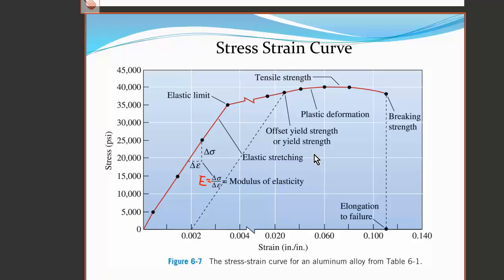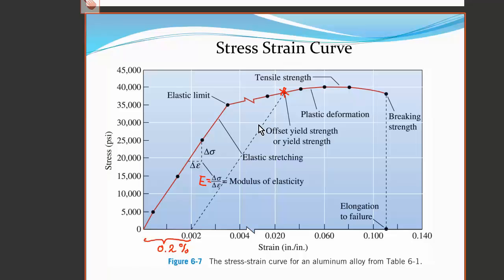If we were to draw a line parallel to the elastic part or the linear part of the stress-strain curve that is offset by an amount that is equal to 0.2%, the point where it intersects the stress-strain curve is known as the offset yield strength.